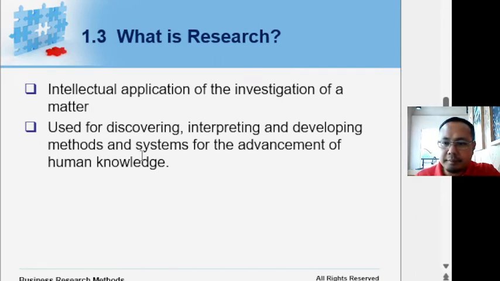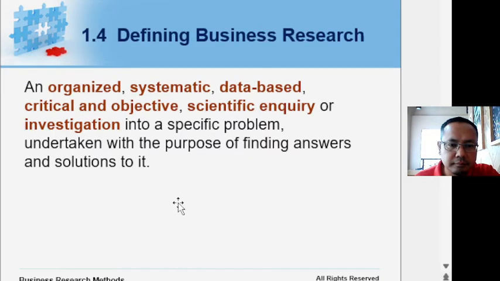And then used for discovering, interpreting, and developing methods and systems for the advancement of human knowledge. Okay. Now we are focusing on both business and research.